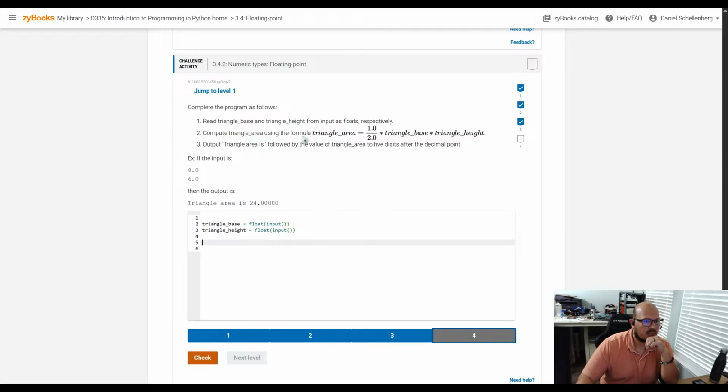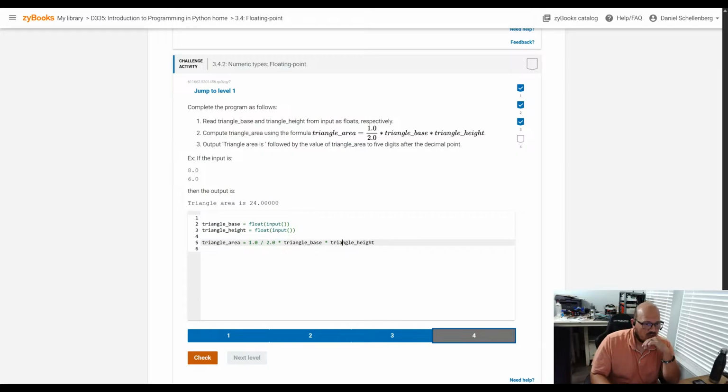Compute triangle area using the formula. Triangle area is equal to, so is it saying 1.0 divided by 2.0 times triangle_base times triangle_height, right?